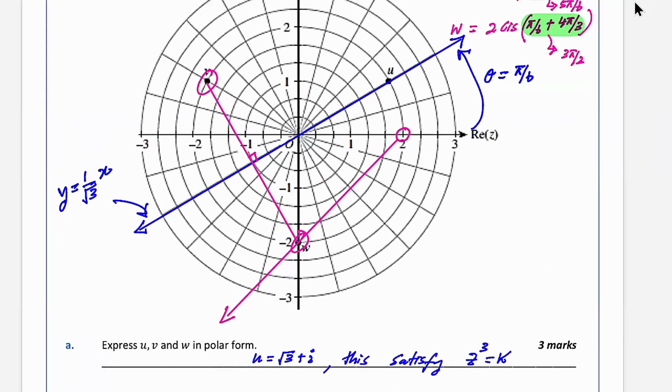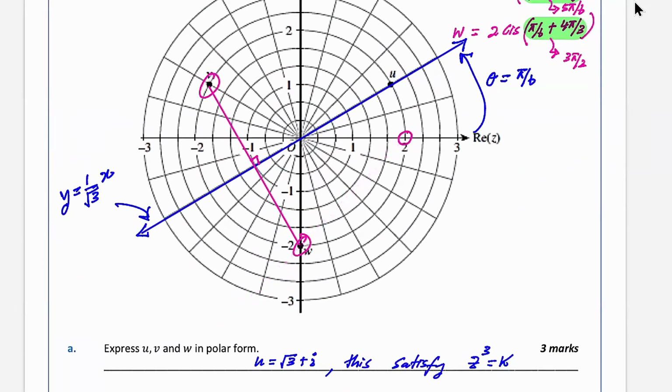Minus pi divided by 4. Yeah. Something like this. Is that right? Is that right?